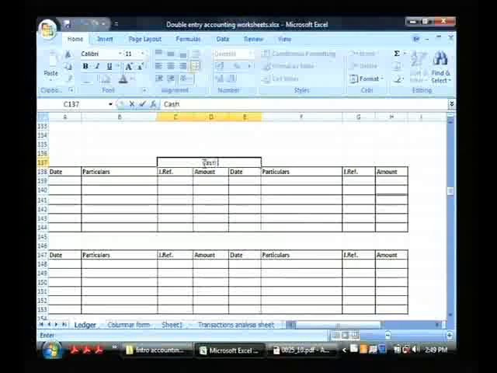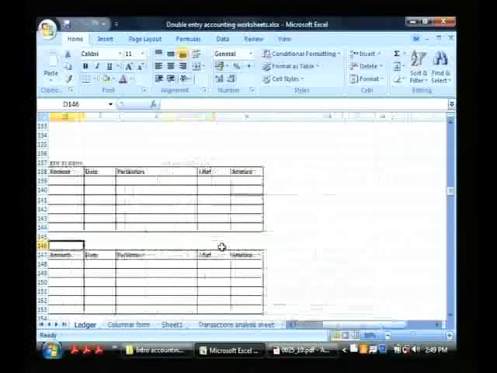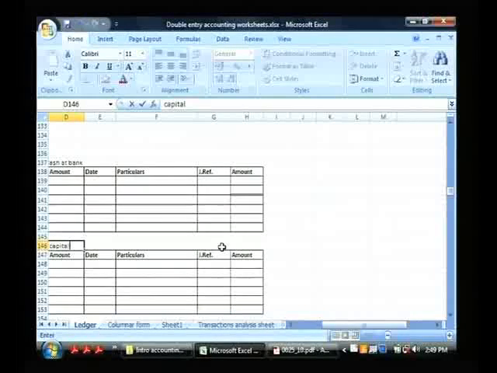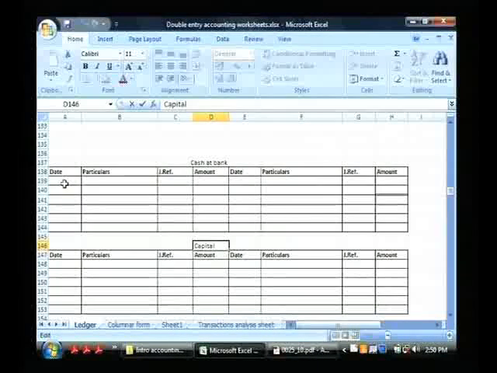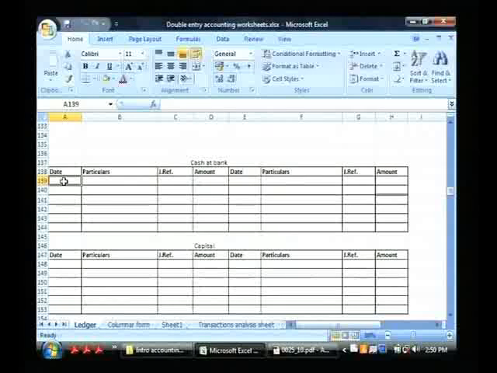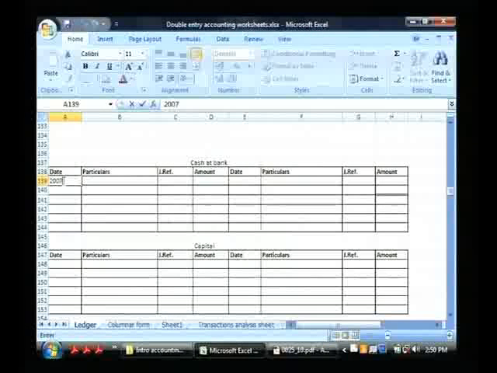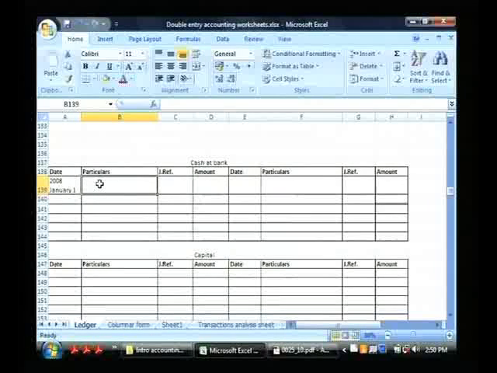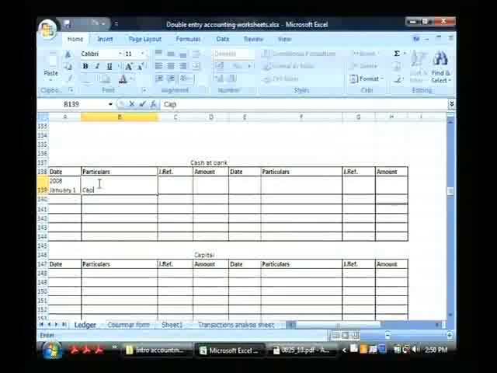Firstly, cash at bank account and capital account. Then the transaction; write the date as usual, this is January 1st, capital account.